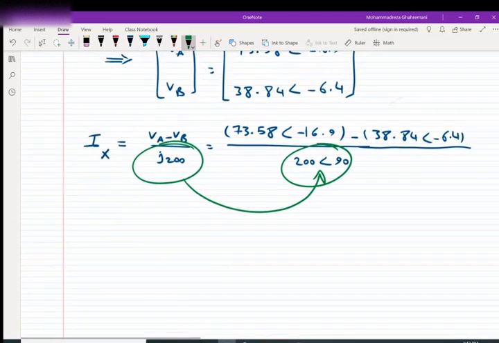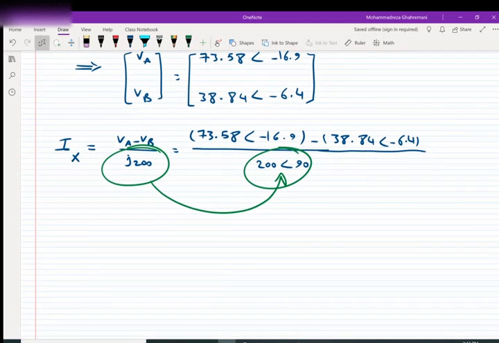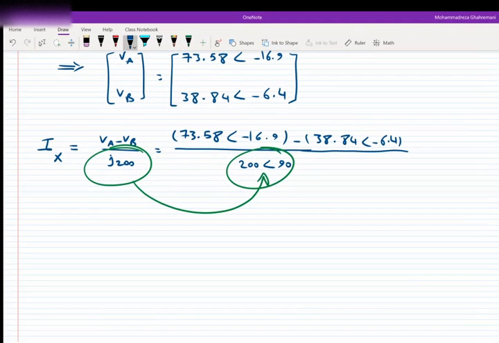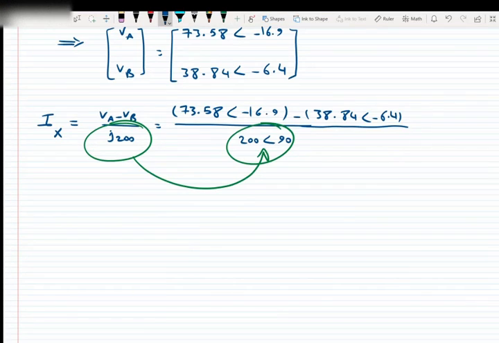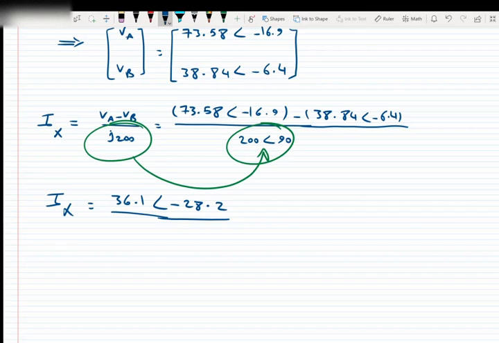And if we do that, we will have Ix is equal to 36.1 with the angle of negative 28.2 over 200 with the angle of 90, which is equal to 0.18 with the angle of negative 118.2 amps.